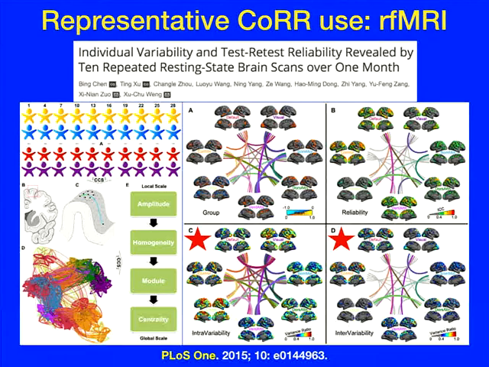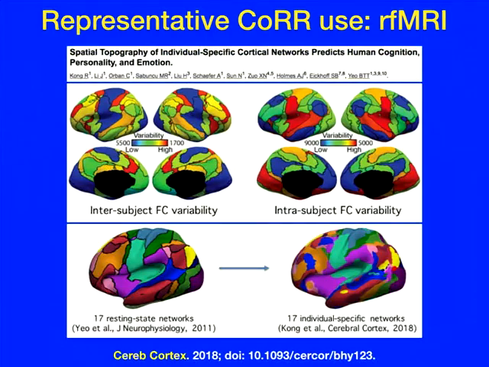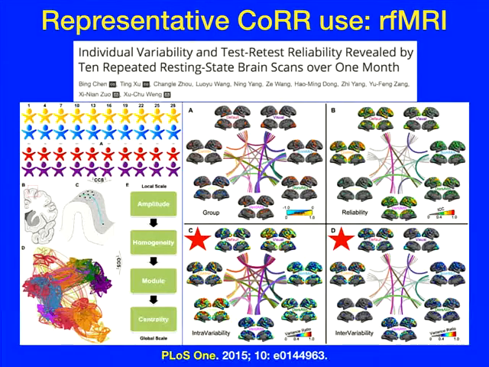This is very interesting. You can see these are different networks. For intra-individual variability, really these primary or low-level networks or areas show high variability.